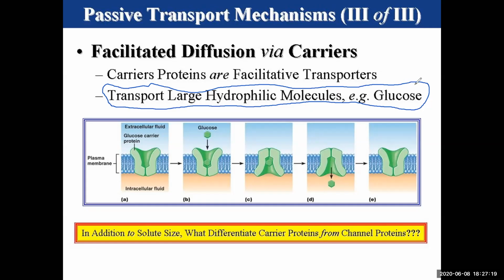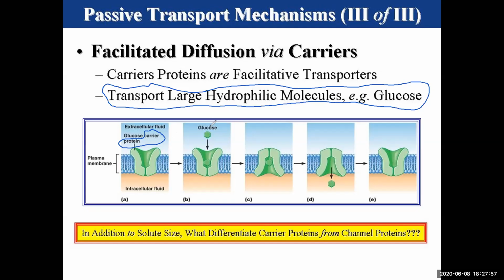Glucose is too large for the channel. It wouldn't go through the pore. So we need another type of transmembrane protein, and we call it a carrier protein, specifically glucose carrier protein. The carrier protein is not a channel. It does not have a pore. It does not have a passageway. It does not open up. You can see through a channel, but not a carrier protein.